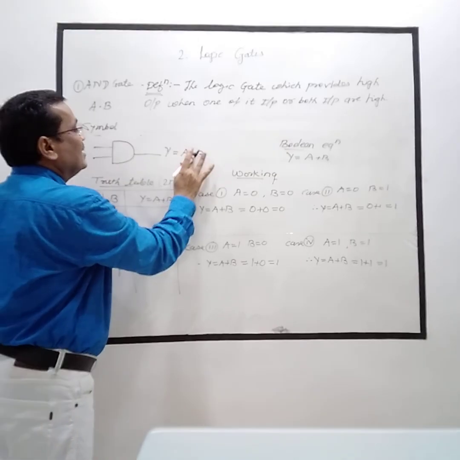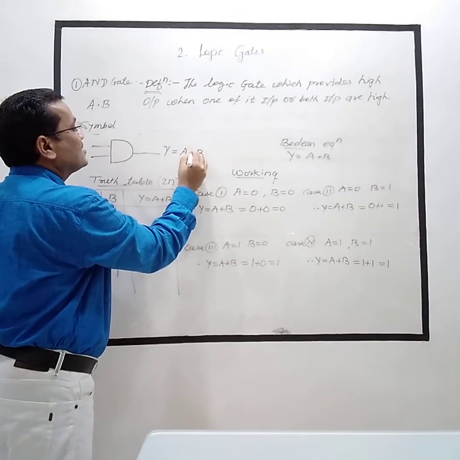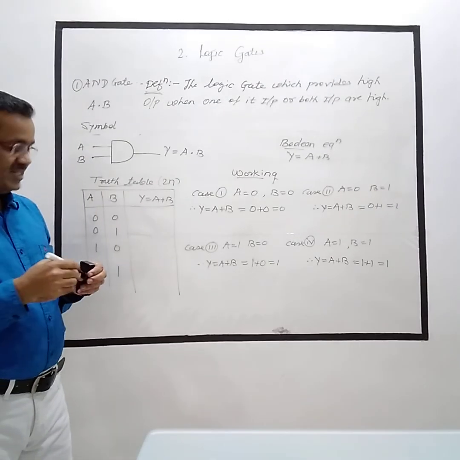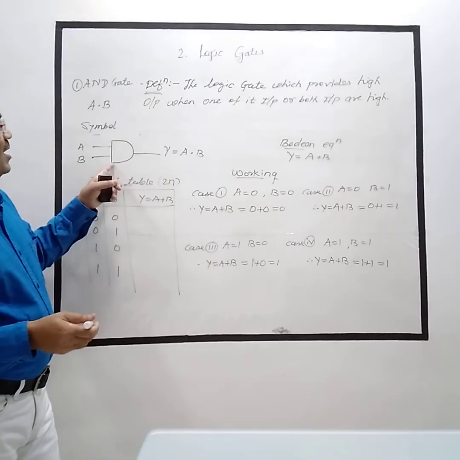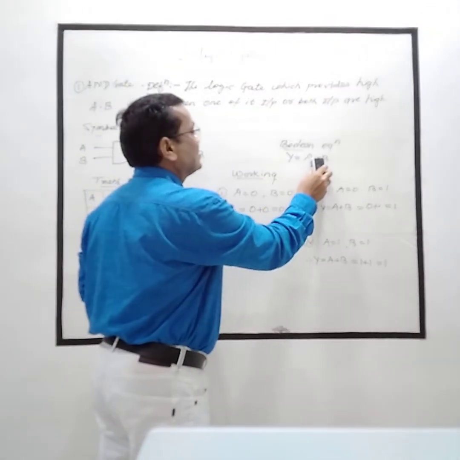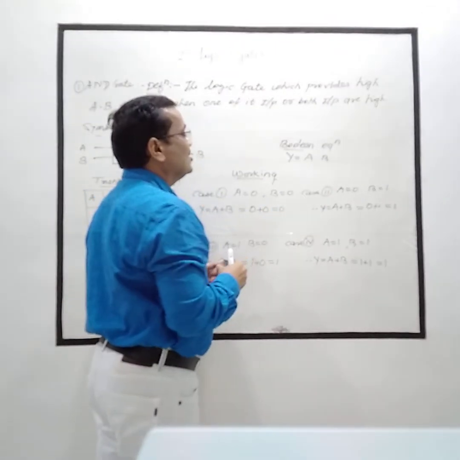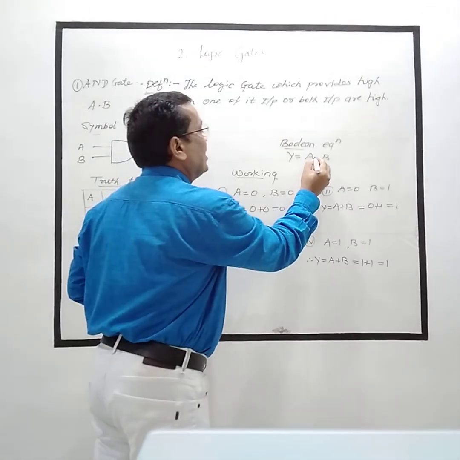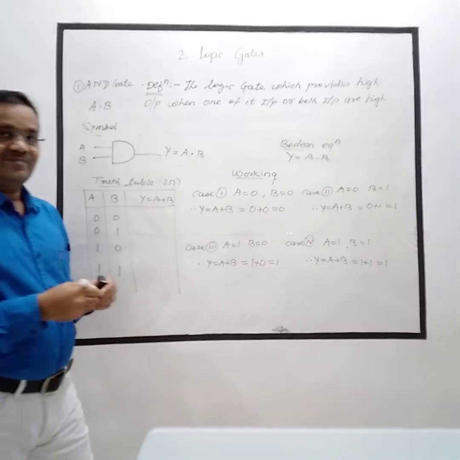And here addition is replaced by dot, that is product. The Boolean equation makes a certain change from the OR gate. So it is Y is equal to A dot B. This is the Boolean equation.